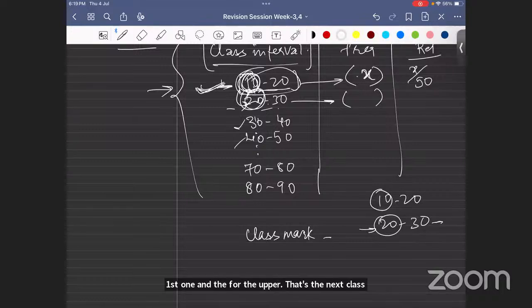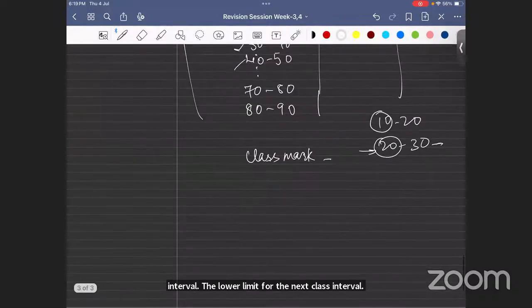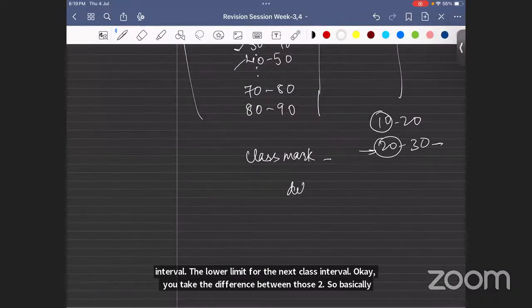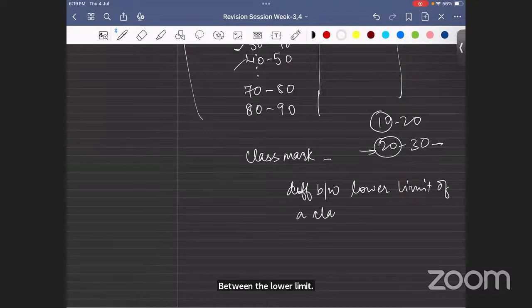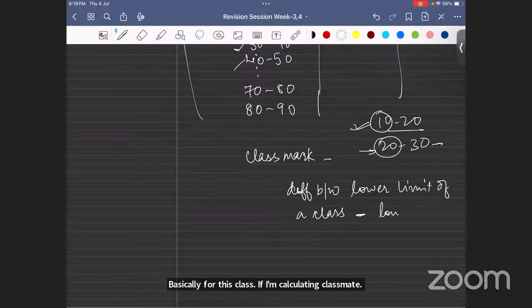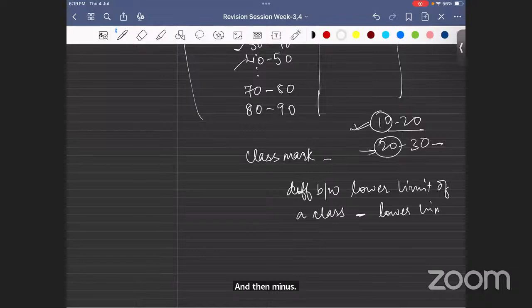You take the difference between those two. Basically, you define it as the difference between the lower limit of a class, for this class if I'm calculating class width, and then minus the lower limit of the next higher class.